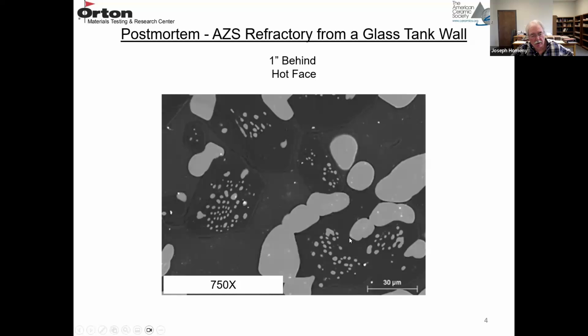This is another 750X magnification. And in this one, you can more clearly see the alumina crystals with the zirconia precipitates. Here's another alumina crystal. And then in between the alumina crystals and the zirconia crystals is the glassy phase, the matrix.